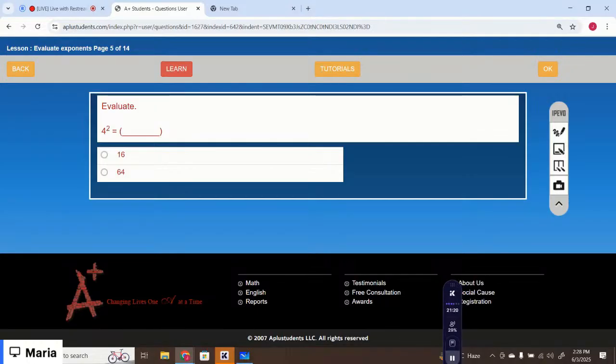Four exponent 2. So which is the correct option? 4 square.